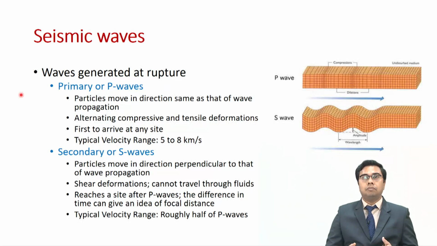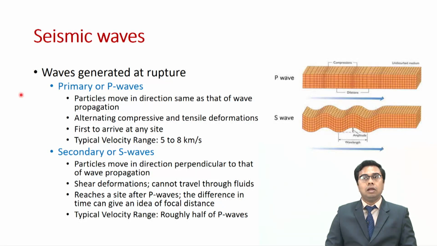Among these are the body waves which travel through the mass of the earth, and among them there are different types of body waves such as primary waves and secondary waves. Primary waves, commonly called P waves: in P waves, particles move in the direction same as that of the wave propagation.